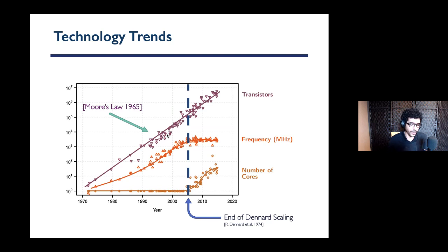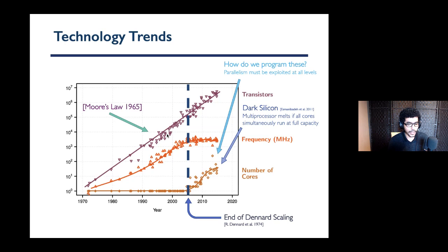As a result, computer architects started thinking out of the box. Now that we can't make a single processor faster, let's have more of them. This is a trend you can see around 2004. We started having a lot of cores on our chips. And this trend, unfortunately, has also started to plateau because we have hit the dark silicon era.